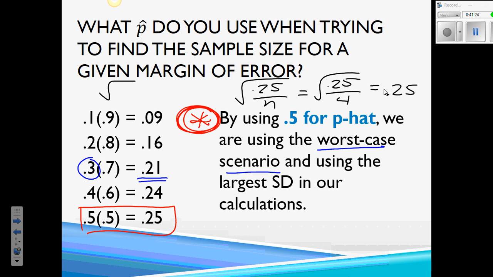So I have a question. If you type in 0.21 divided by 4, take the square root, what do you get? Which one has the lower standard deviation? So this has more standard deviation than the 0.21, right? So this has more error accounted for.